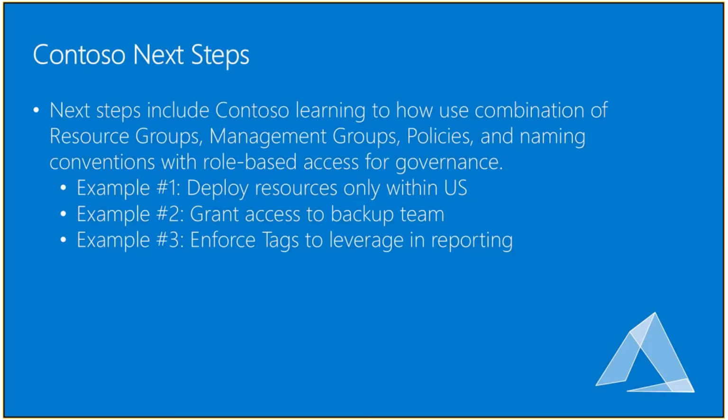We don't want, let's say, VM administrators to deploy VMs in an Azure region that does not make sense. For example, if we're here in the United States, maybe it doesn't make sense to deploy virtual machines in Asia. There may be some exceptions, but for Contoso Education, it's just not needed. And we want to make sure that we control those using policies.